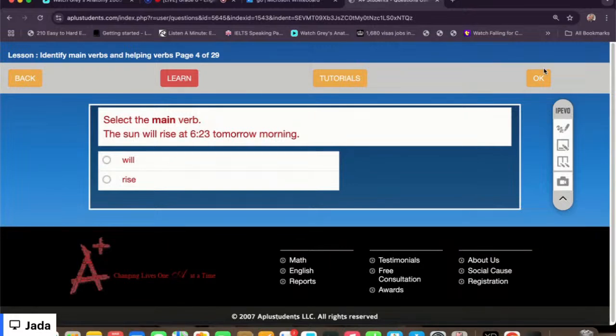The sun will rise at 6:23 tomorrow morning. What's the main verb here?